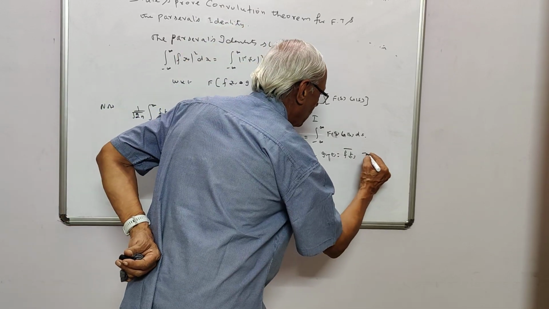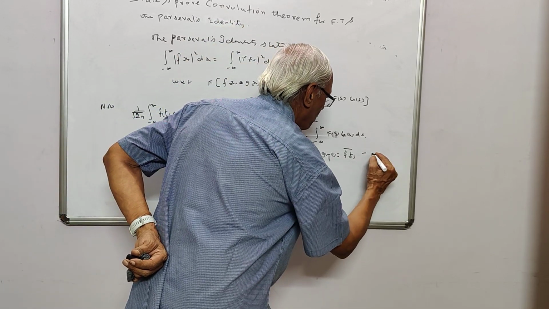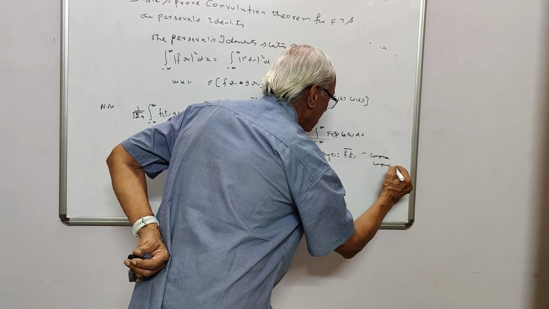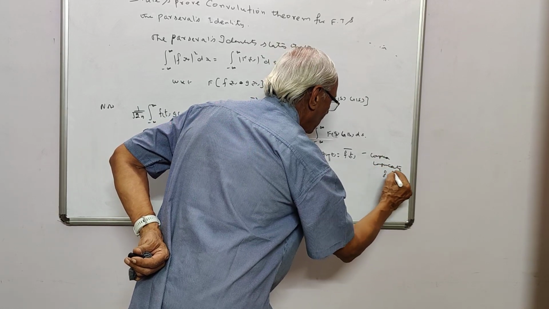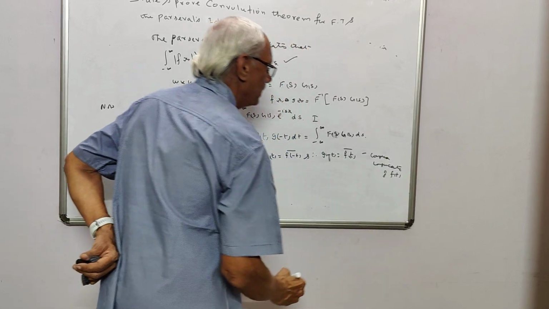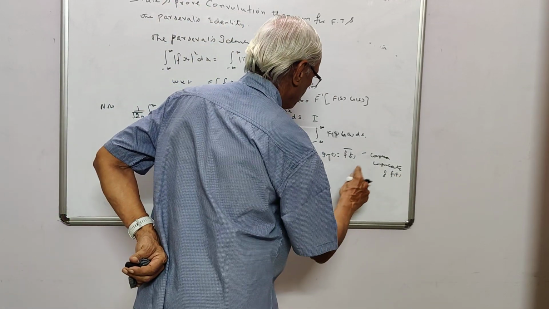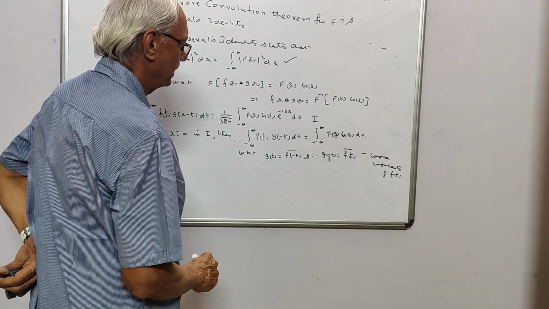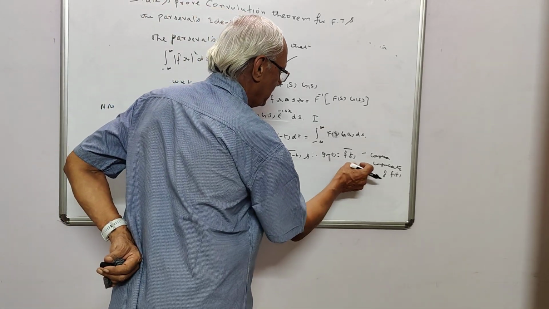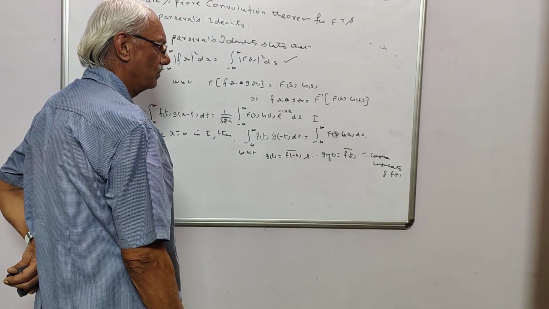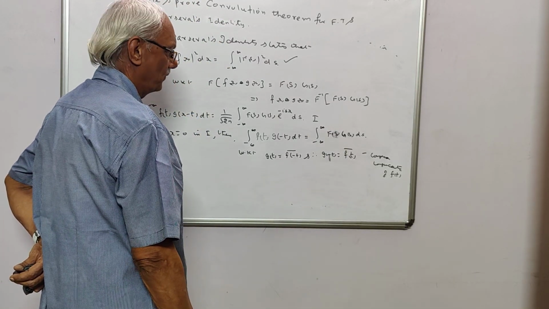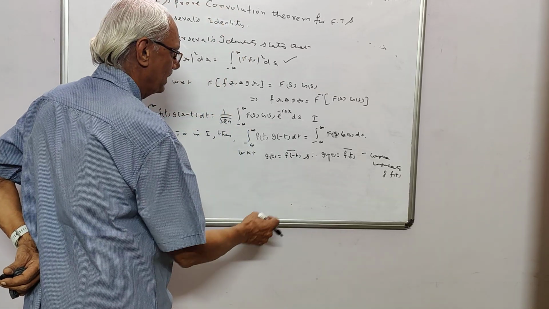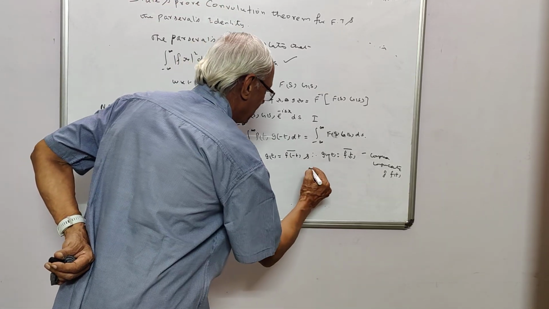This bar denotes the complex conjugate of f of t. The complex conjugate of this, g of minus t, is the conjugate of f of t.